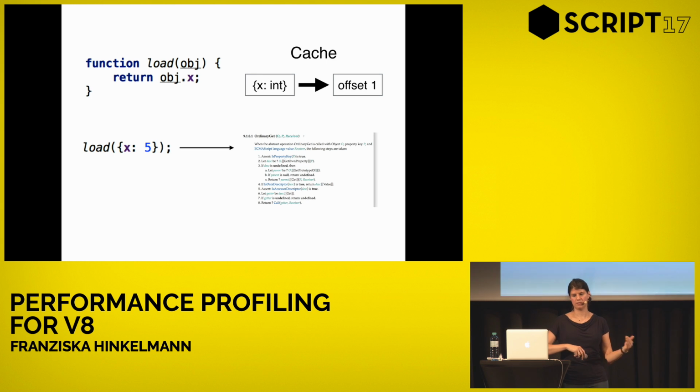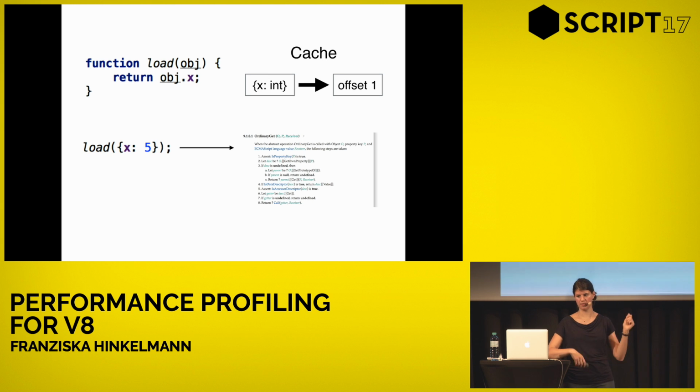So this is how we can then get the property once we figured out it's not undefined, it's not throwing, it's not the prototype chain we have to look at. And so now that we figured that out, we save this information and put it in a cache. And this is kind of crucial. We're not saving this particular object and the value 5. What we're saving is the shape of the object and a shortcut where to find the value.